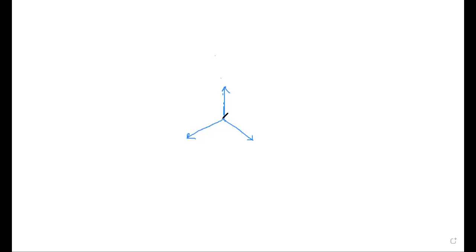Okay, just extend it in the back side. So if this is VBO and this is VAO, then this should be minus VBO. Clear?